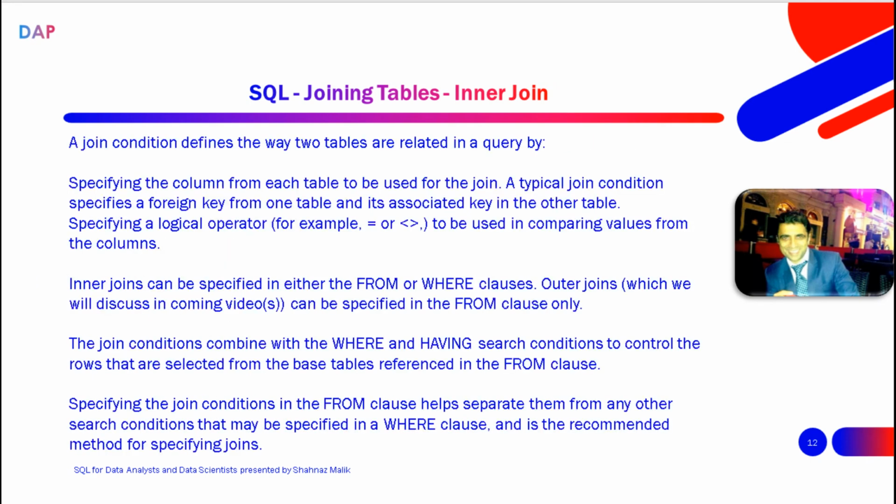And if you would like to know more about join, a join condition defines the way two tables are related in a query by specifying the column from each table to be used for the join.